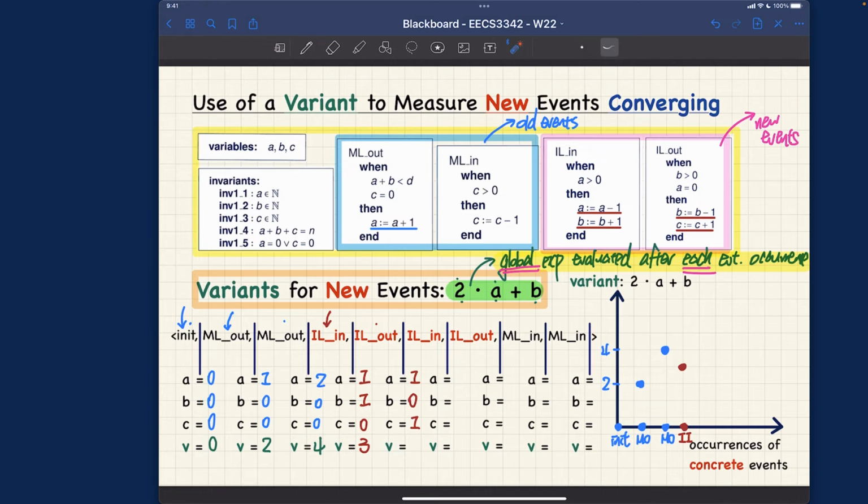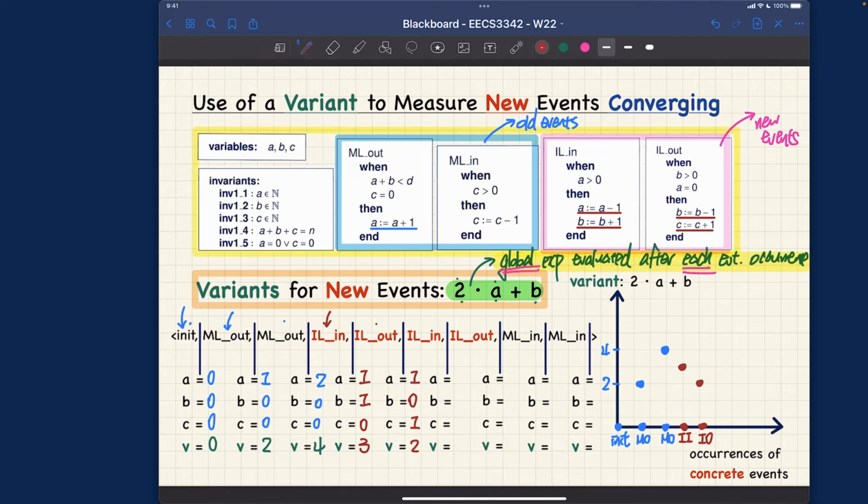It's going to be 2 times 1 plus 0, which will be 2. In that case, it's strictly decreasing again. So after the second occurrence for the new event, which is IL out, let me move this guy here a little bit down, the value further decreases to 2 over here.